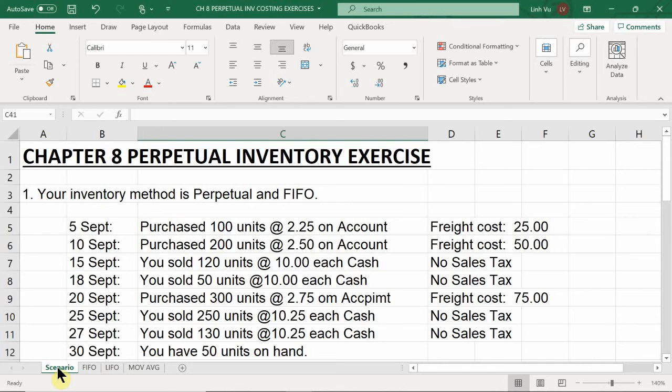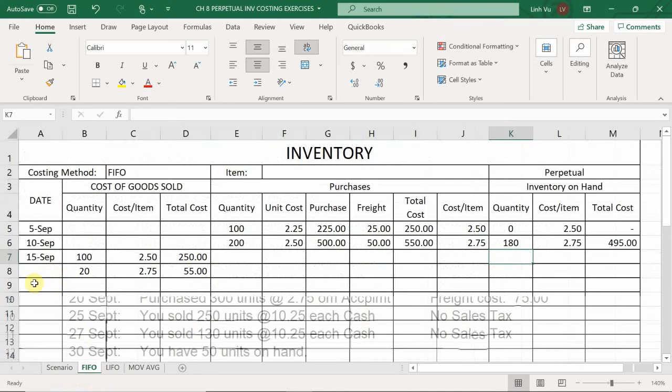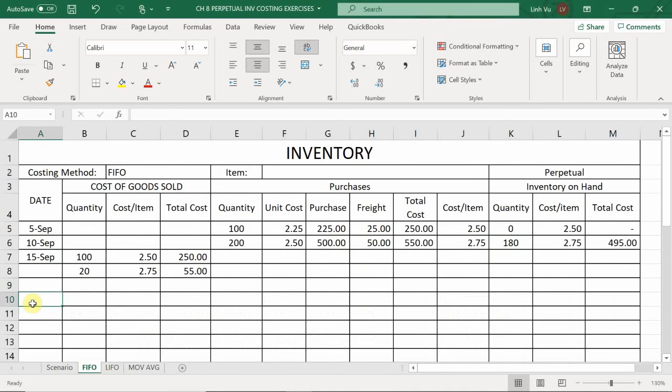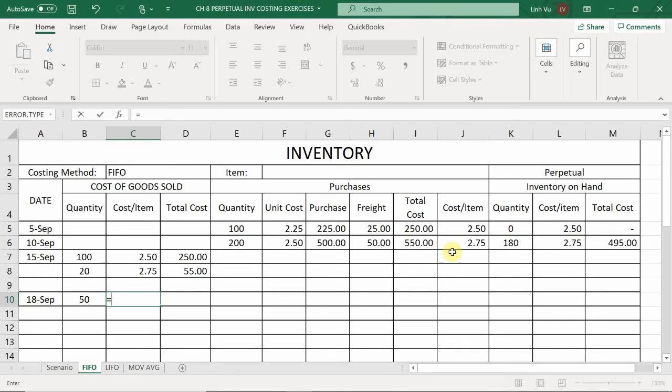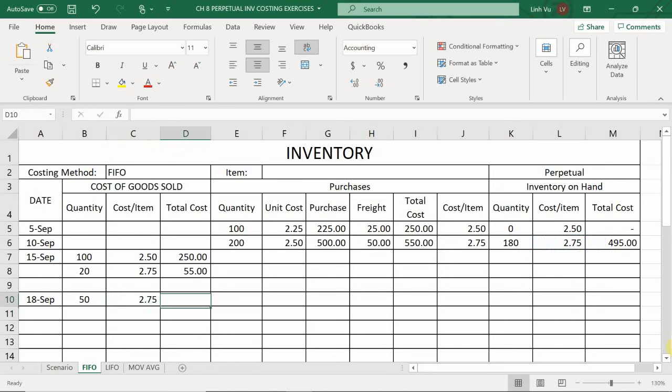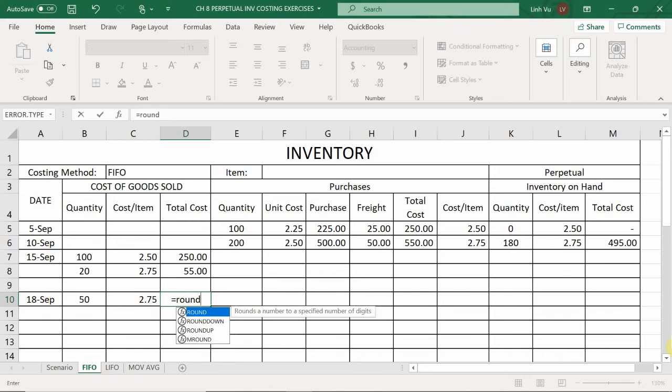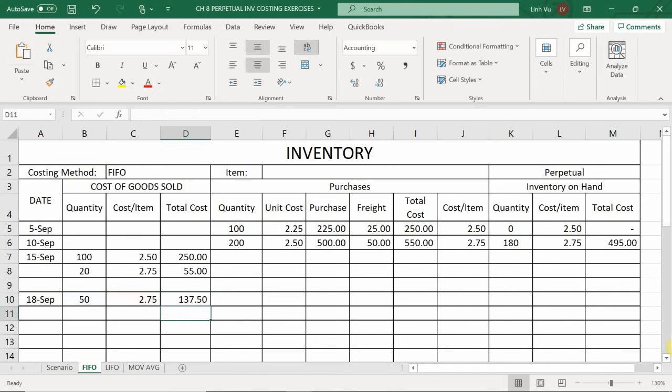Then on September 18, we end up selling an additional 50 units at $10 each. I'll take that from the 180. So September 18, we're going to take 50 units, at a cost of 137.50.